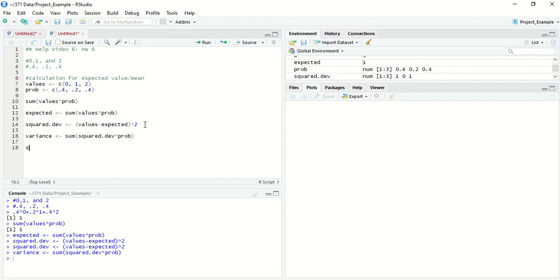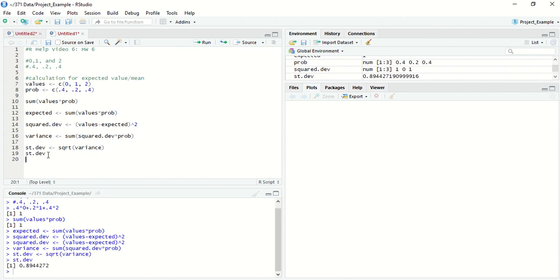And to get the standard deviation, which is what we've been looking for the whole time, is the square root of variance. And then just type standard deviation to print it. And the standard deviation is 0.894 in this instance.